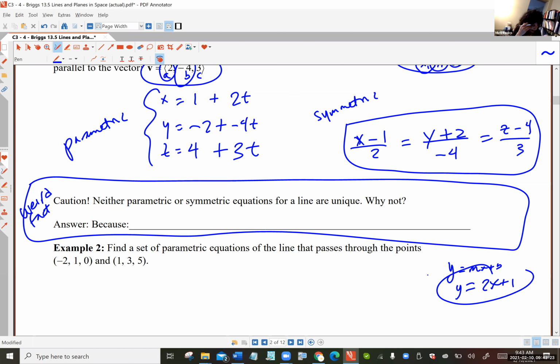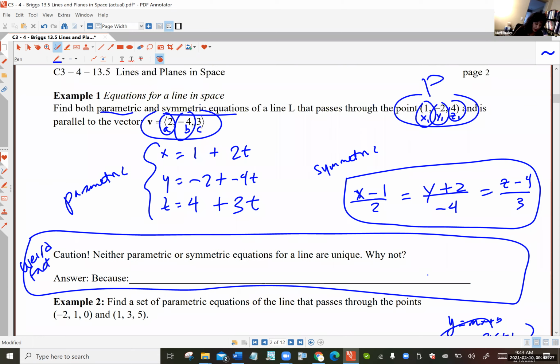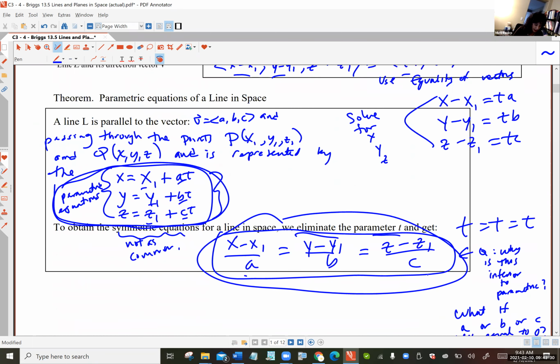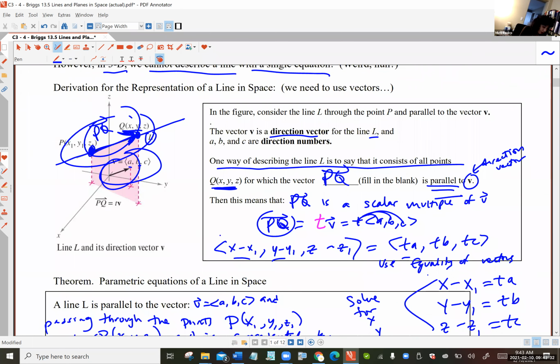Well, what do you mean? Well, a couple of different reasons. One reason is, if we look at the picture I used for the derivation, what if instead of this v being the direction vector, I used a direction vector that was v but stretched, so it was longer? That's still a vector parallel to the line, so it's just as good.